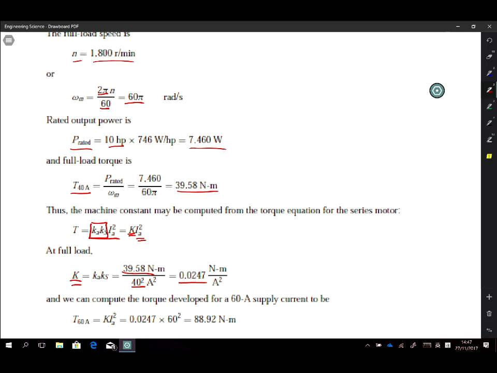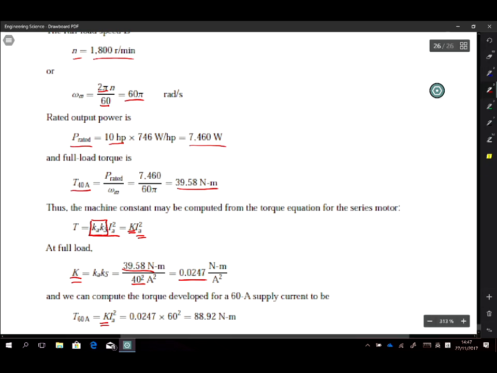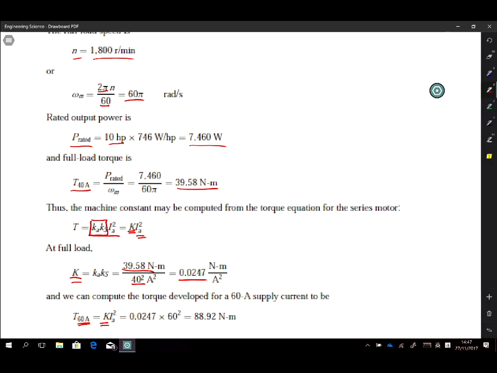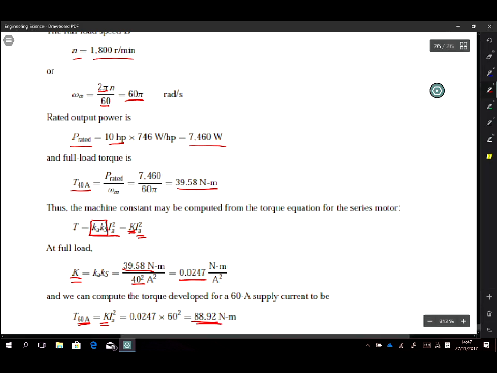We assume the constant K does not change when we increase the current to 60 ampere. So we use this K again at 60 ampere, and multiply by IA squared, where IA equal to 60. At the end, we find the torque, which is equal to 88.92 Newton meter.